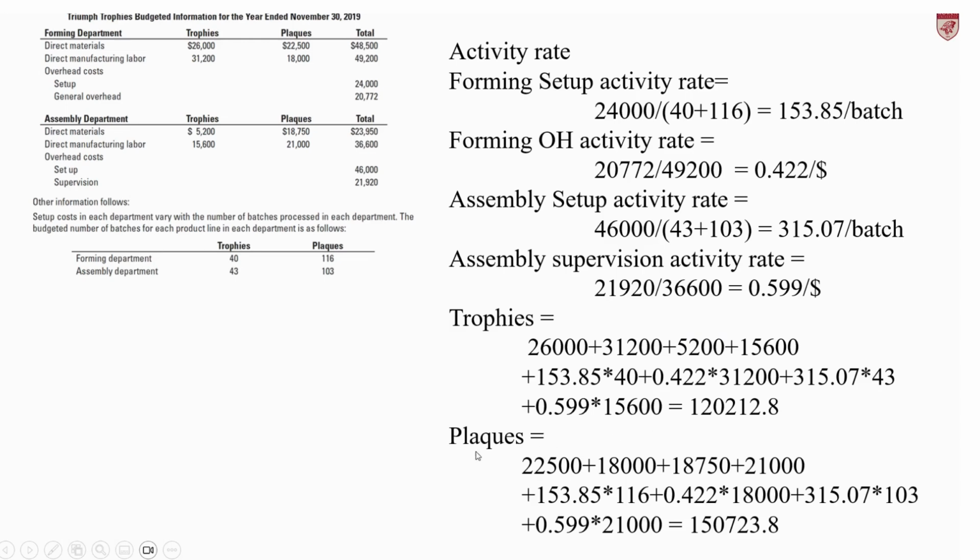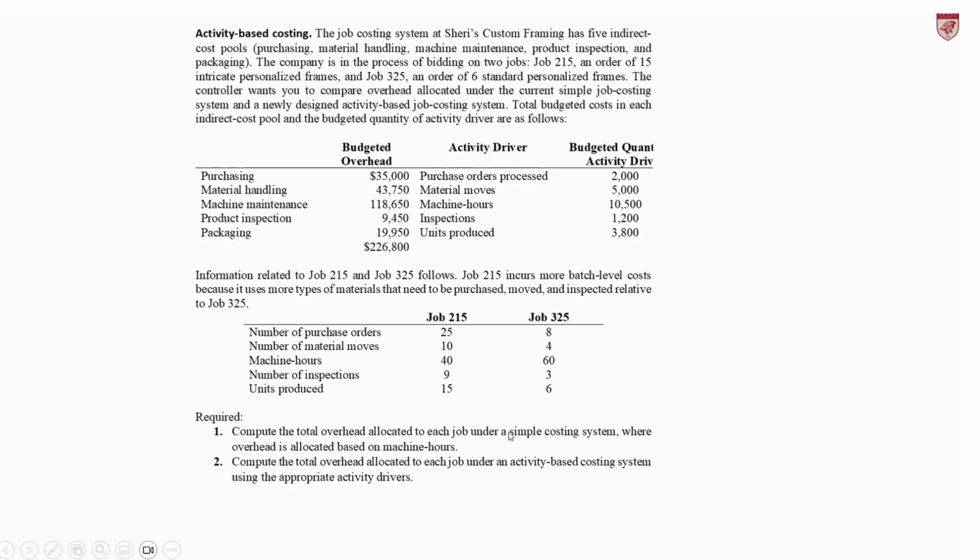For plaques, I'm not going to repeat how it's done, but you should first add up all the direct costs and then apply based on the consumption of each activity in each department. Okay, so this is also quite similar.